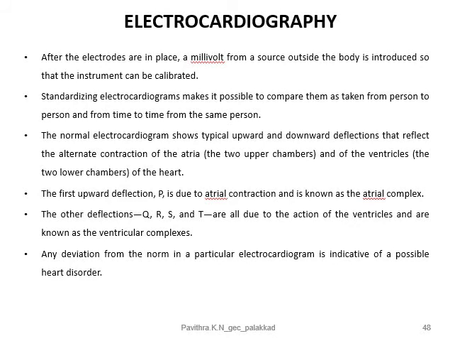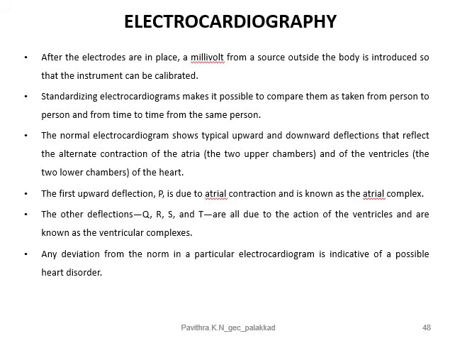After placing these electrodes, the standardizing of the electrocardiogram is done, and then the standardized ECG is compared from time to time in the same person. That is, at first a normal, standardized ECG is recorded, and after a few days the ECG is recorded again and compared with the standardized ECG, and depending upon that the disease can be diagnosed.